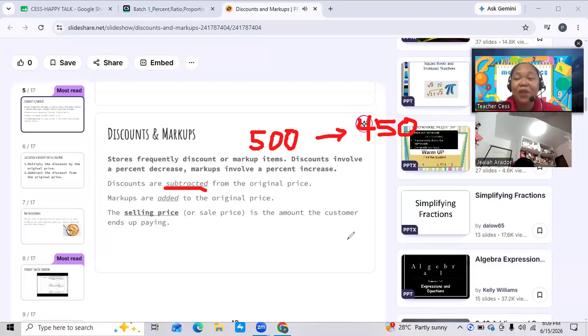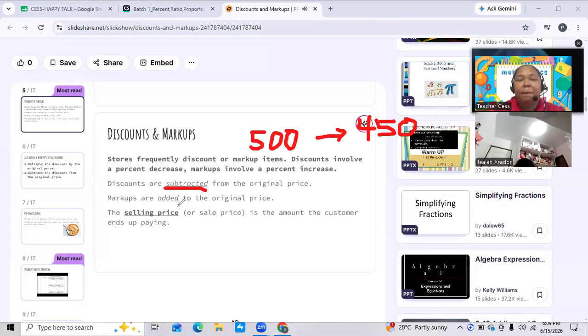Next, what we call markup. Markups are added to the original price. So this benefit goes to the seller or the business owner. Why? Because markups are the amount added to the original price so that they can have more income.